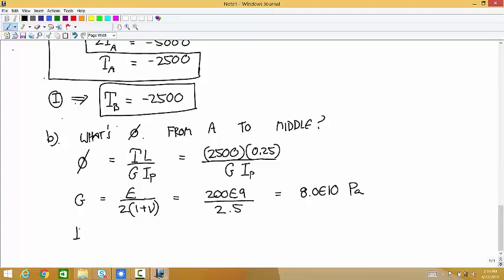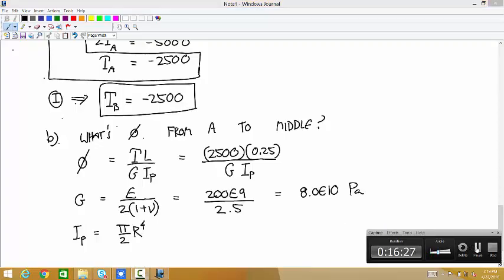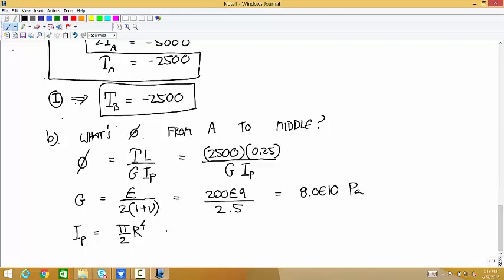And then the polar moment of inertia, let's see, I think that's pi over 2 times the radius to the 4th. So that's pi over 2 times 0.01 to the 4th. That's the area you gave us. What do you mean radius? You gave area as 0.01 meter squared.